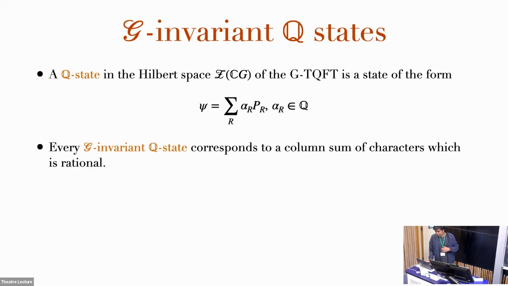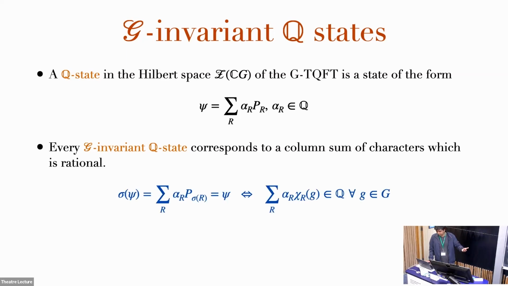Now, if we have a Q state, which is invariant under this Galois symmetry, so we thought of Galois group action as a symmetry. If you have a Q state which is invariant under the Galois symmetry, so this is sigma acting on psi is just acting on the idempotents by sigma. That's the definition of the symmetry. If it is invariant under the full Galois group, we can replace this P_R's with chi_R's.